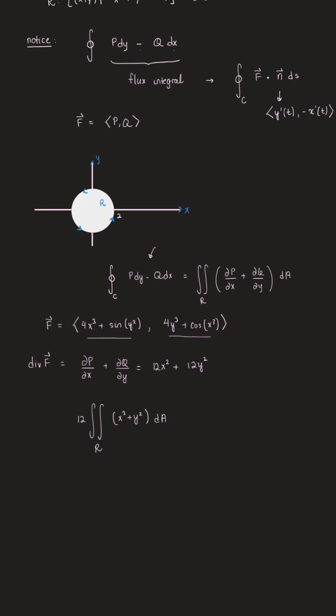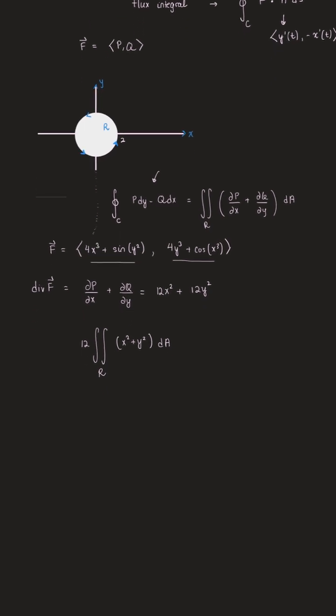And you might notice, since our region is a circle oriented counterclockwise, then rather than using x and y, we can change to polar coordinates. So let's go ahead and do that. Let's use polar coordinates because that's going to help us in setting up our integral.